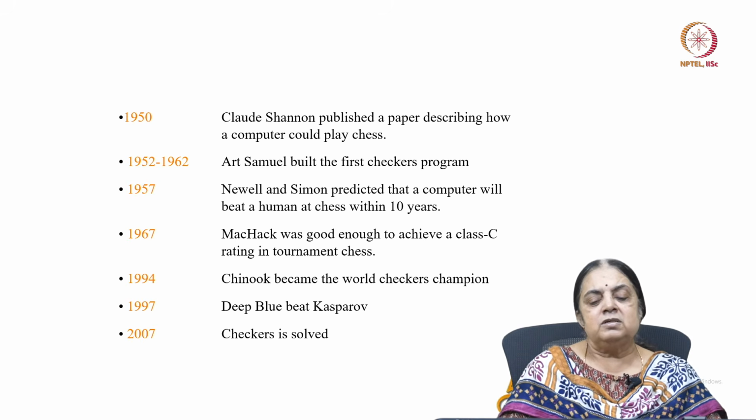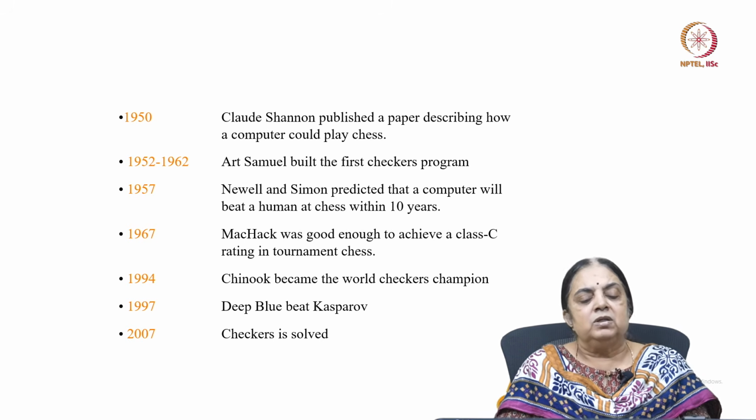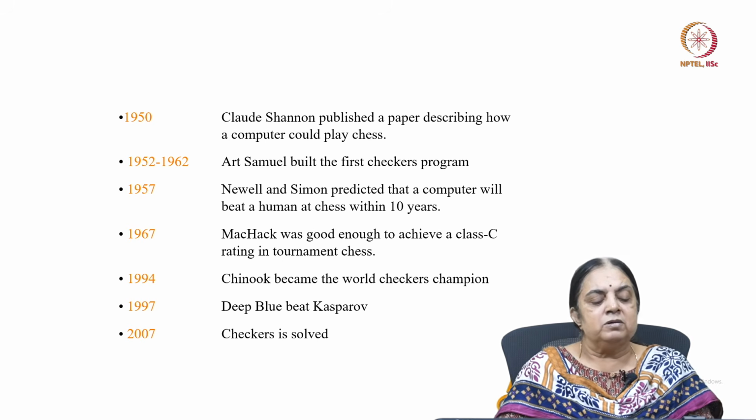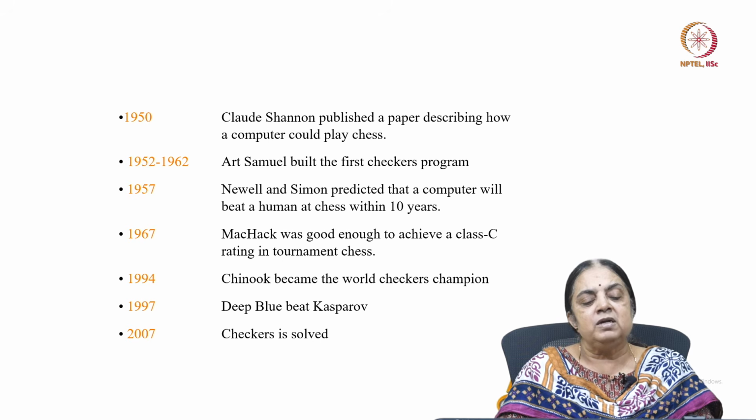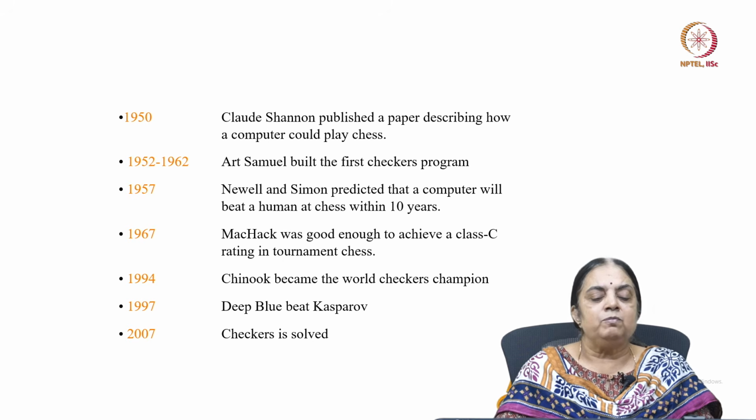Okay, so now games. What are the advances in games? In 1950, Shannon published a paper on how the computer can play chess, and the chess programs kept improving after that.